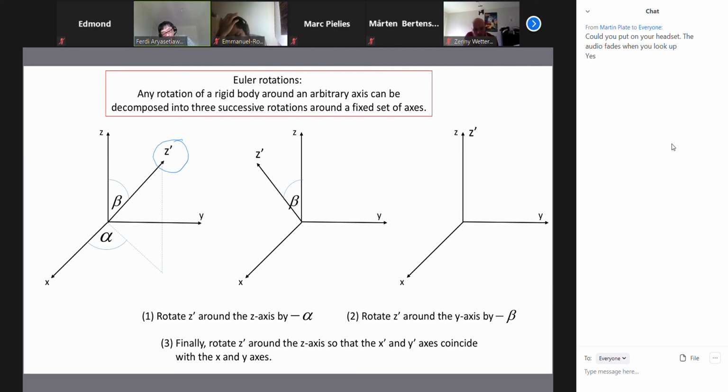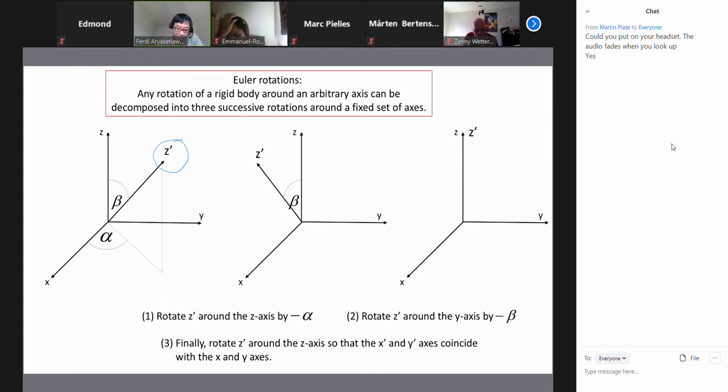So we want to show that we can do these rotations by performing 3 successive rotations around the fixed x, y, and z axes.